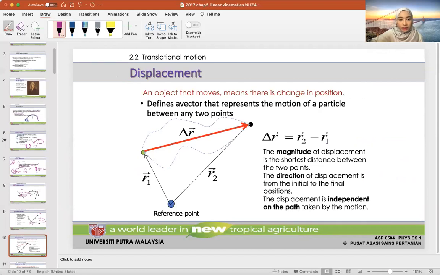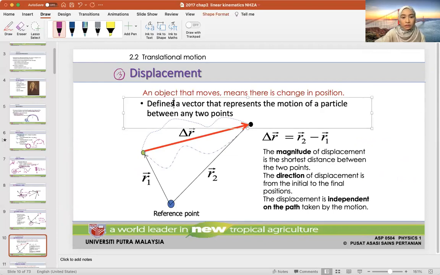Okay, so next one, displacement. An object that moves means there is a change in position. Okay, so displacement is defined as a vector that represents the motion of a particle between 2 points.